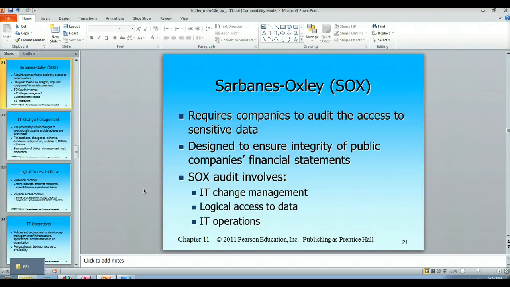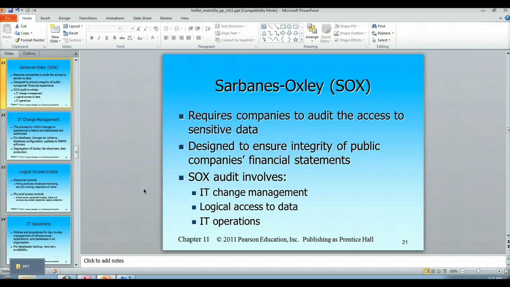Hopefully you are aware of Sarbanes-Oxley, and if you are not, look it up on Wikipedia or something. But Sarbanes-Oxley is a piece of legislation that tries to control a whole host of information associated with publicly traded corporations and their information.